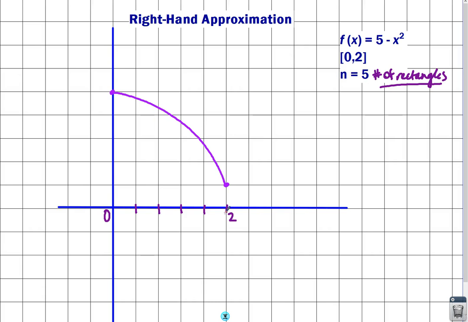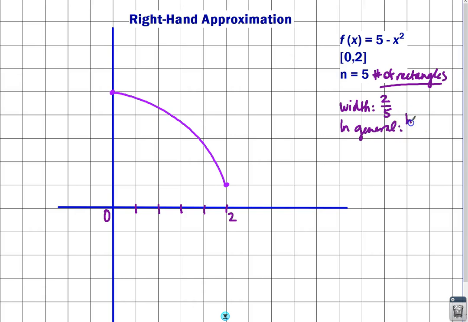I know that I'm going from 0 to 2, and I know that I have 5 rectangles, so the width of each one is going to be the distance divided by the number of rectangles. So the width is going to be 2 divided by 5, so just 2 fifths. In general, how did I come up with that? Well, if I'm going from 0 to 2, I took my second value minus my first value to find that distance.